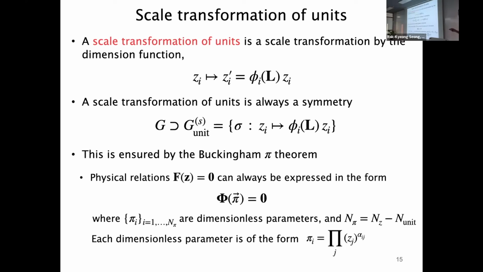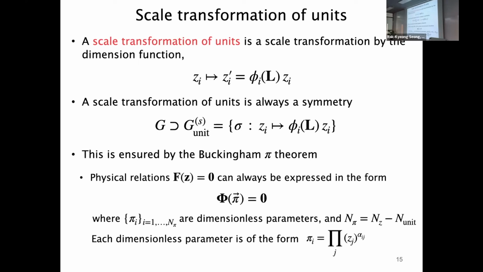And this fact is ensured by the so-called Buckingham's pi theorem, which states that if we have a physical relation like this, it can always be expressed in the form like this, where those pi's are the dimensionless parameters obtained by taking certain products of the original variables, and the number of those parameters is given by the number of original variables minus the number of units.